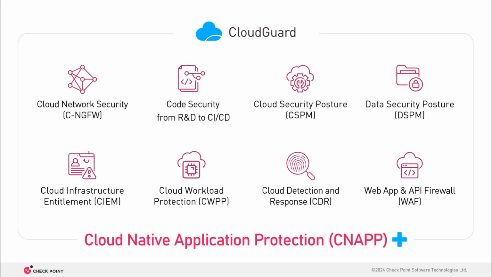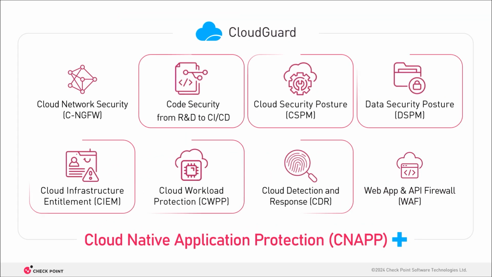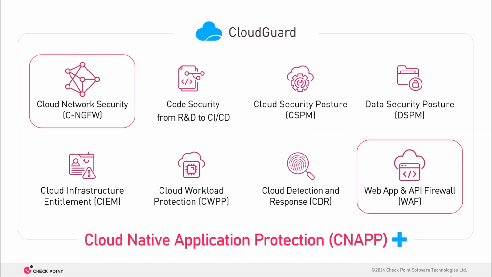Expanding the picture, CloudGuard's core CNAPP modules prevent risks from R&D to runtime, and is bolstered by additional breach prevention modules guarding attack surfaces at the points of contact with public and private networks.